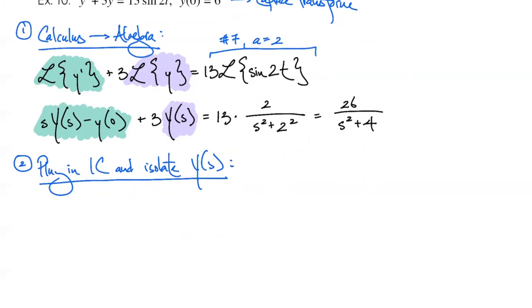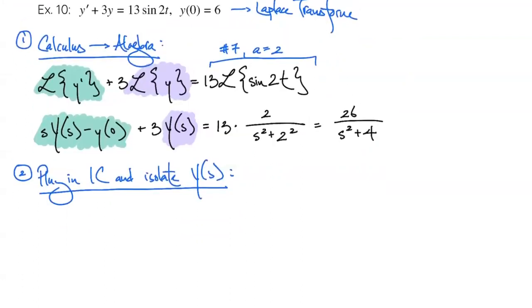Okay. So I'm going to go ahead and plug in my initial conditions here. And everywhere I see a y of 0, I'm going to go ahead and replace it with a 6. Okay. And I'm going to sort of collect my terms, the ones that have the uppercase y of s. I'm going to go ahead and bring those to the front. All right. So I have uppercase y of s.